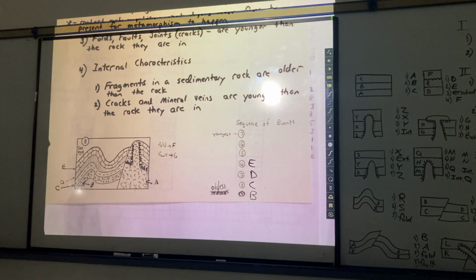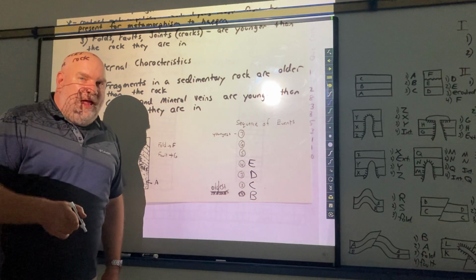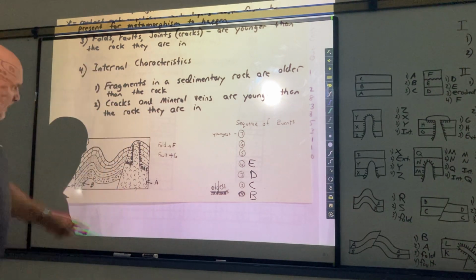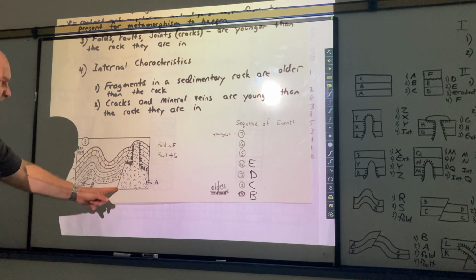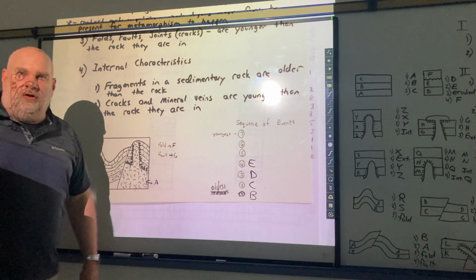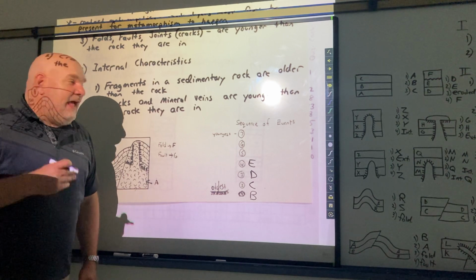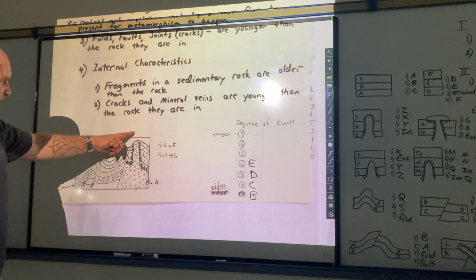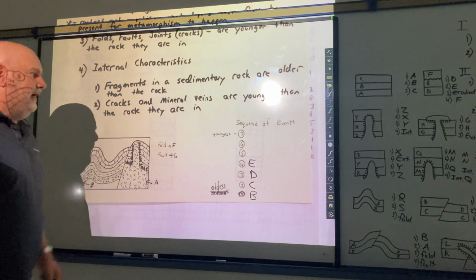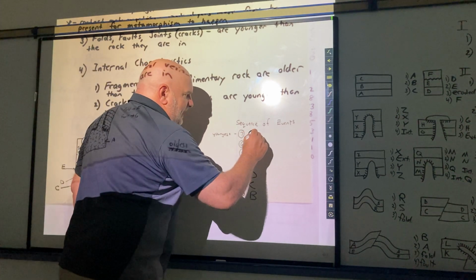Now, looking on here, the one feature that cuts through everything else in that diagram is this fault here. So the fault is going to be the last thing that happened. The fault I said is G, so that's the youngest thing, because that cuts through everything else in that diagram. So that's going to be the seventh step.